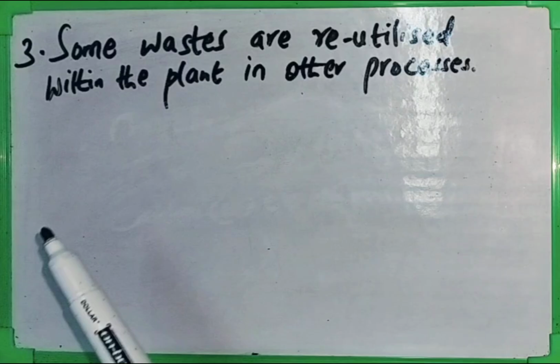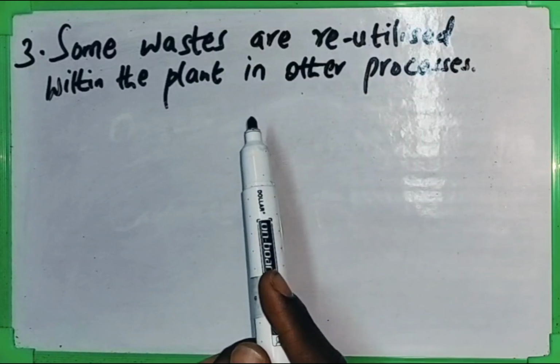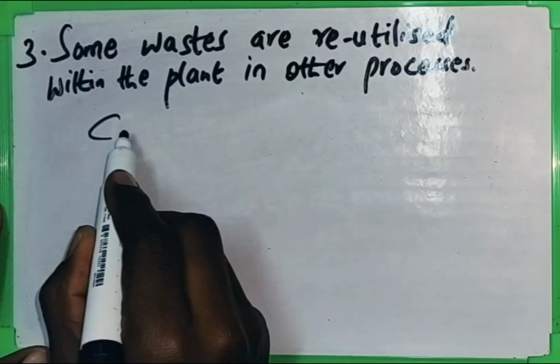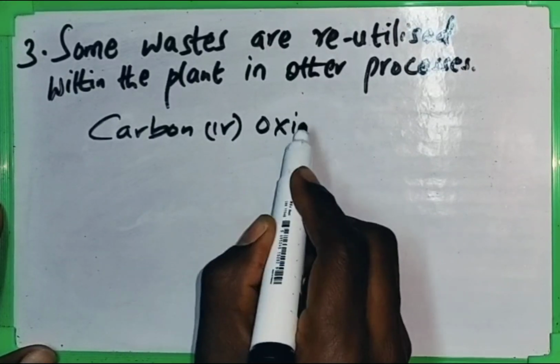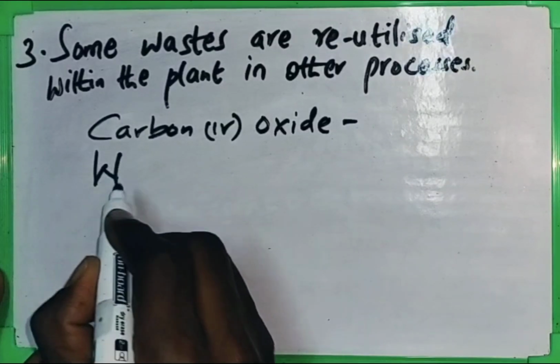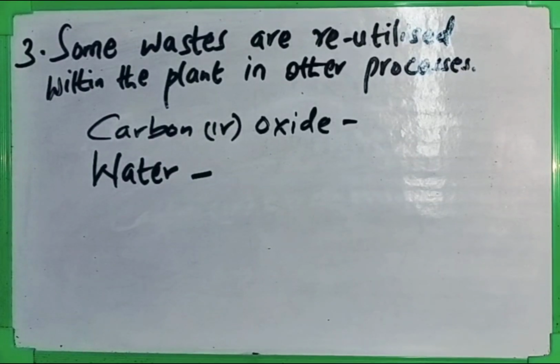Three, some wastes are utilized within the plant in other processes. For example, carbon dioxide is a waste produced during respiration. It can be reused or utilized in photosynthesis. Talk about water. Water is a waste which can also be used in photosynthesis within the plant.